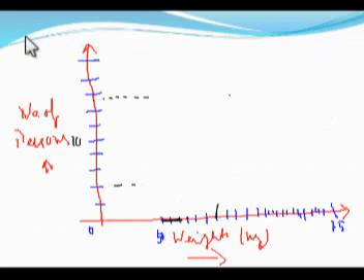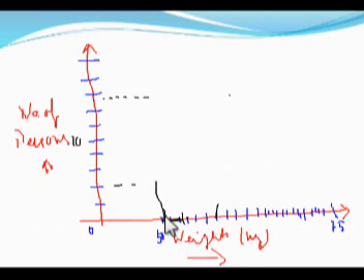So class boundaries will be changed. 50 to 52 will be 50.5 to 52.5. Then the class boundary will give us a continuous histogram. So we will take 50.5 to 52.5.